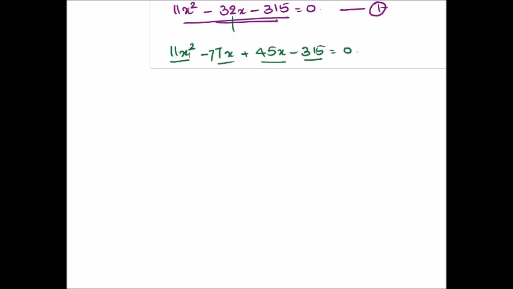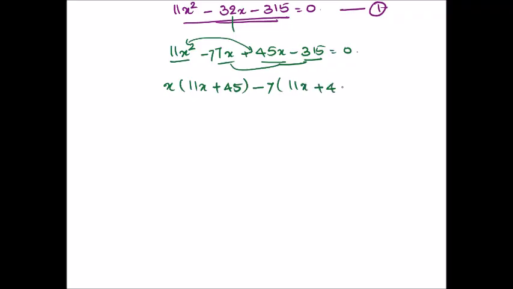This quadratic equation will factorize by splitting 32x as 11x square minus 77x plus 45x minus 315 is equal to 0. From the first two terms, we take x as common, so x into 11x plus 45, and from the last two terms, we take minus 7 as common, so we get 11x plus 45.